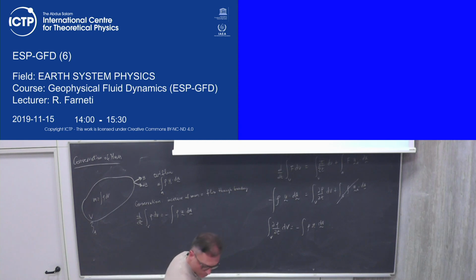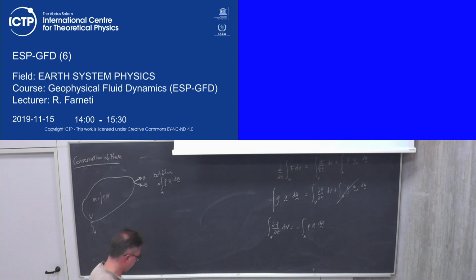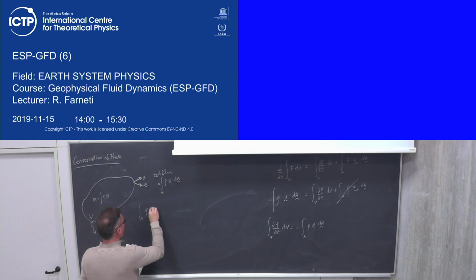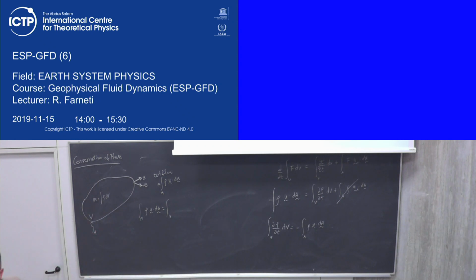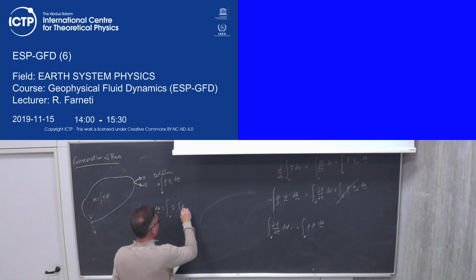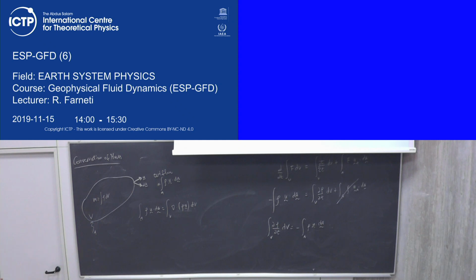Now we're going to use Gauss to go from area integral to volume integral. So the right hand side is rho u dA, and through Gauss, what do I get? Gauss relates an area integral to a volume integral. And so if this is my f, rho u, I went from an area integral to a volume integral.